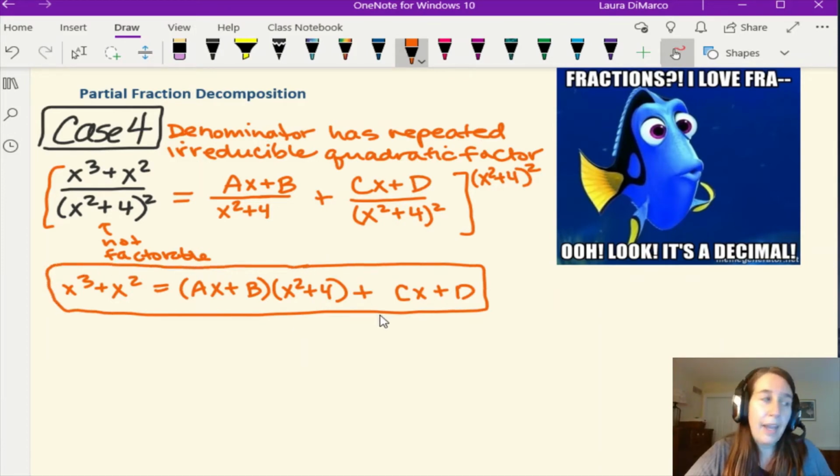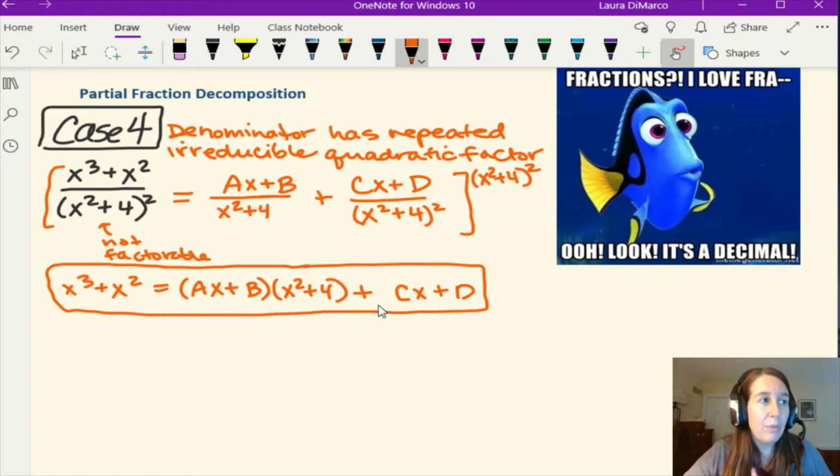Okay, and I think once again we're going to have to create a system to solve. The reason being, again, that x squared plus 4 is not convenient. So we could let x equal 0. I'm sure we'd get rid of A and C, but then how would we figure out what B and D were?